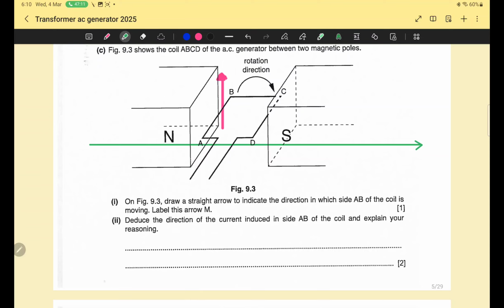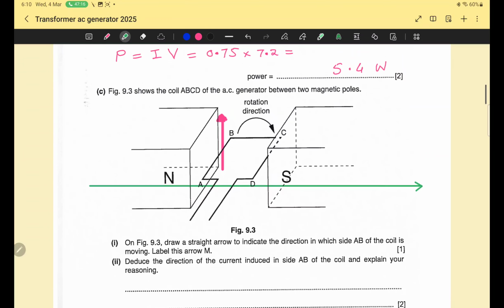Your answer is wrong, because my second finger is pointing so that the direction of the current is from A to B. I am repeating again. Atif, apply again, beta. First finger from north to south, and this is the right hand rule.